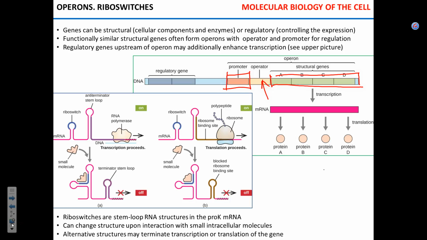Wait a minute. Codons mark the beginning and the end of a protein. Does that make sense? Okay. The promoter marks where the transcription begins. That's where RNA polymerase binds. Is that clear? Now, whether RNA polymerase will be able to actually transcribe depends on the operator here.